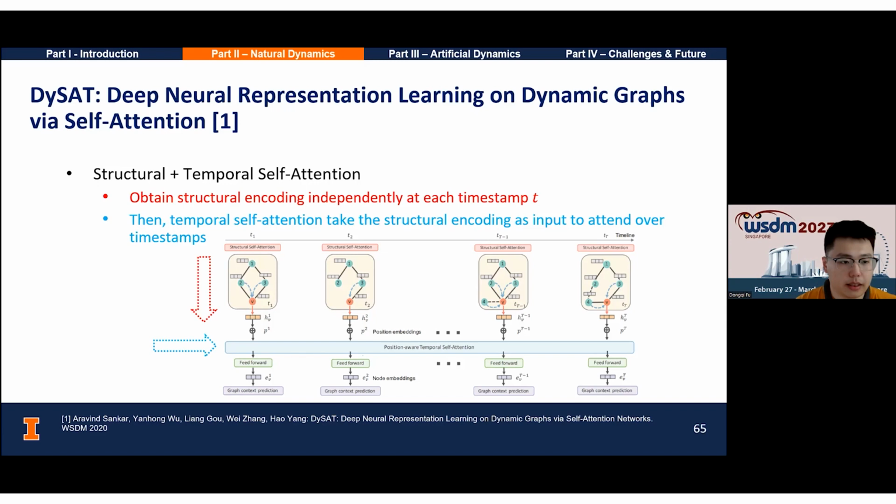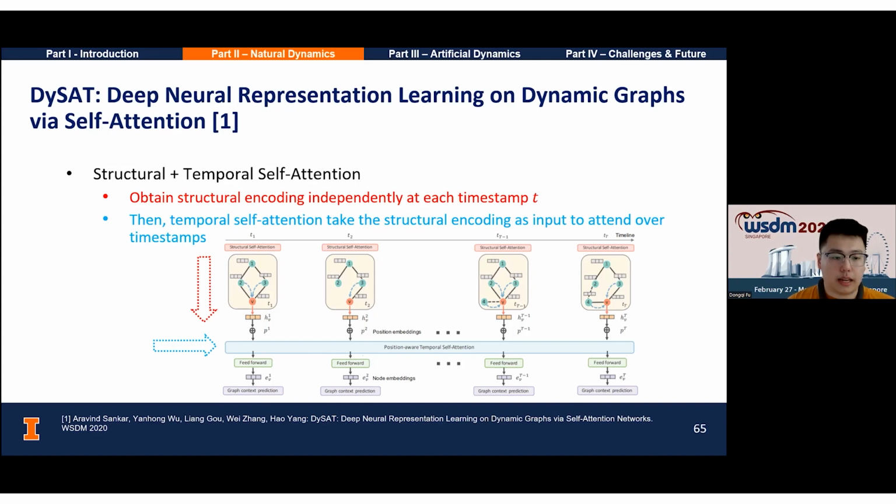The first part is that we obtain the structural encoding, or structural embedding, independently at each time t. Then after we get the embedding of each node at each time t, we can do the temporal self-attention to attend over the time steps. This is how we combine the structural and temporal self-attention together in DySAT.